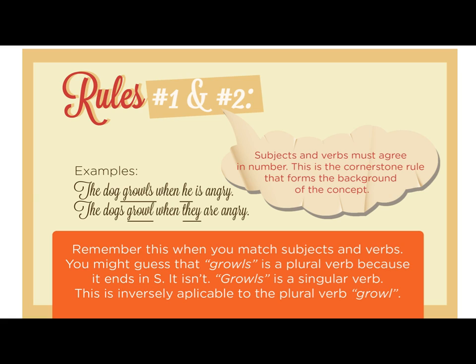That's why we have to use a plural verb there. Remember this, when you match subjects and verbs, you might guess that growls is a plural verb because it ends in s. It isn't. Growls is a singular verb. This is inversely applicable to the plural verb growl.